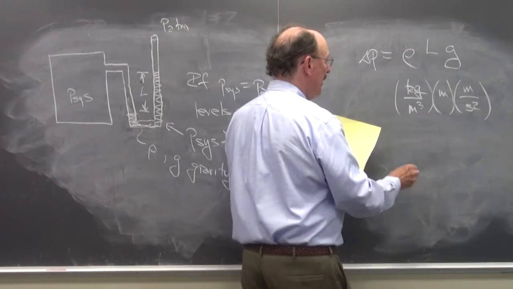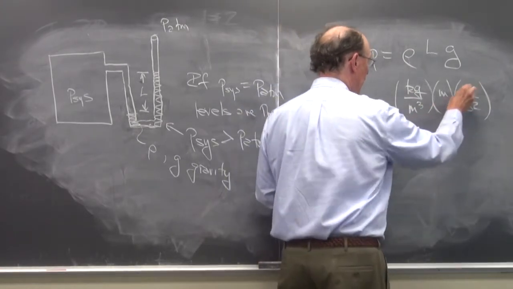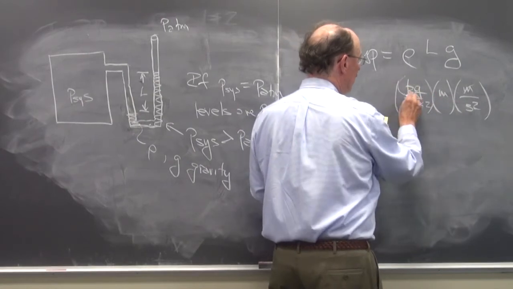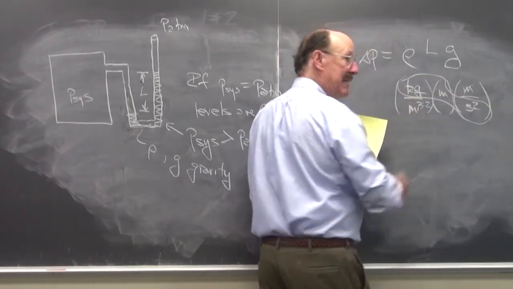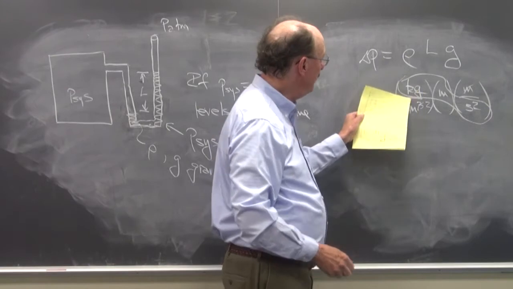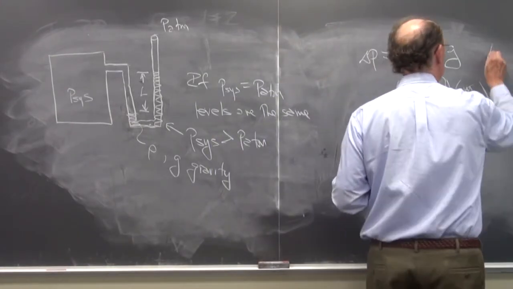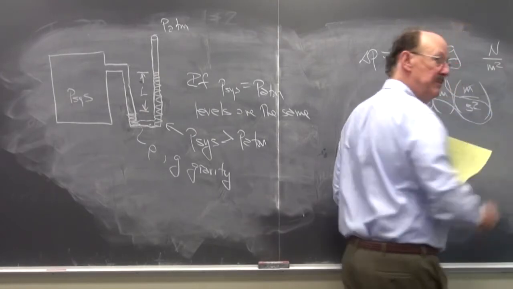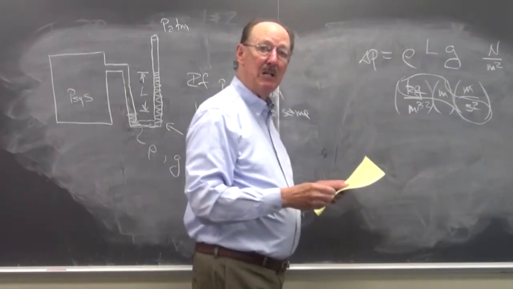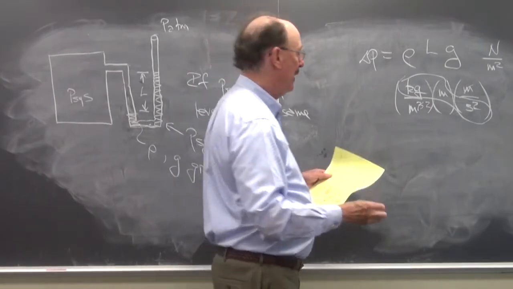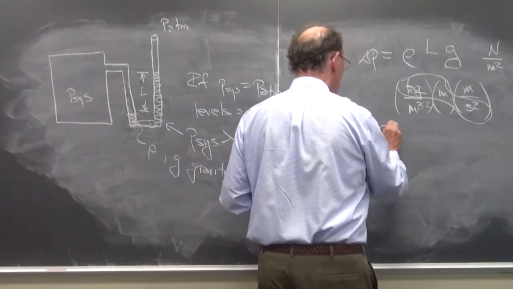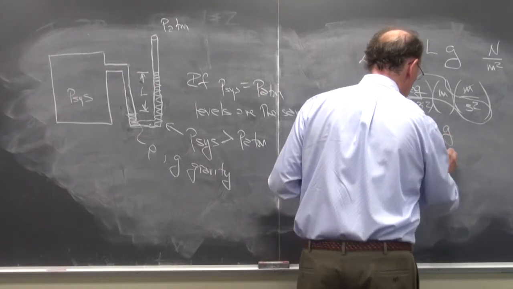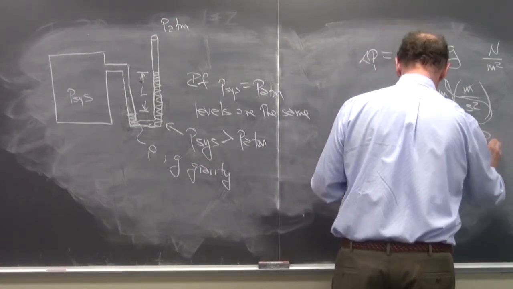And so if I look at this, and this becomes a square, I have a kilogram meter per second squared. That's a Newton. So I have a Newton per square meter. So the units on this are newtons per square meter or a Pascal. So now if I divide it by 1,000, I have kPa. So delta P is equal to rho LG over 1,000 is kPa.